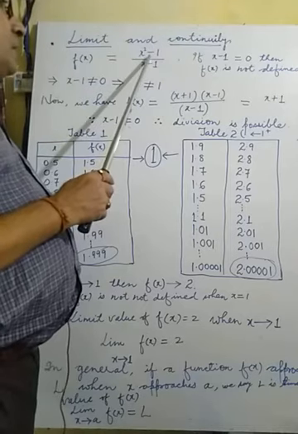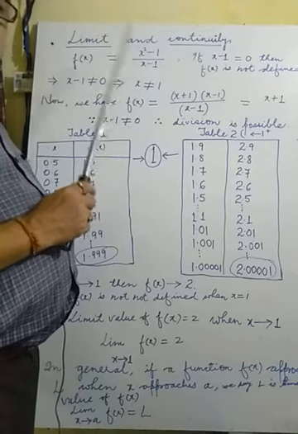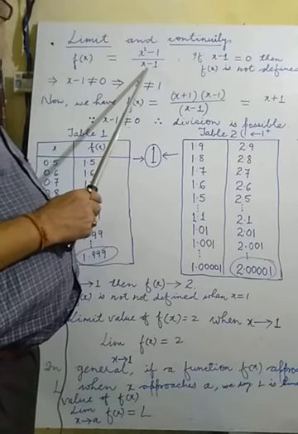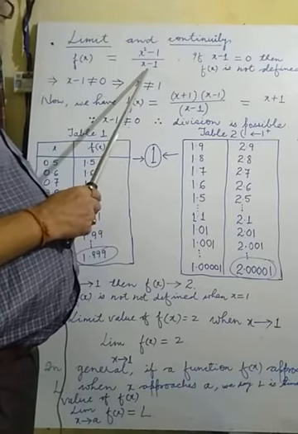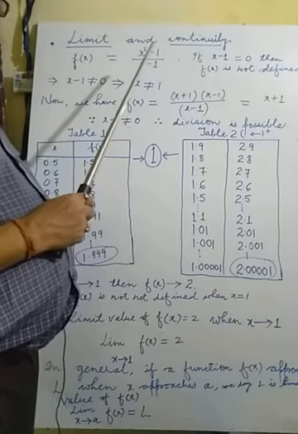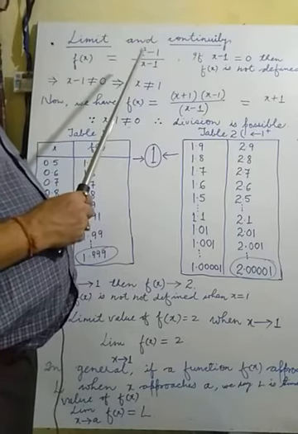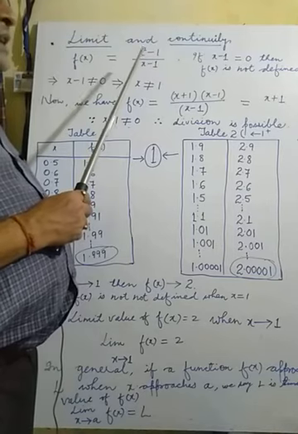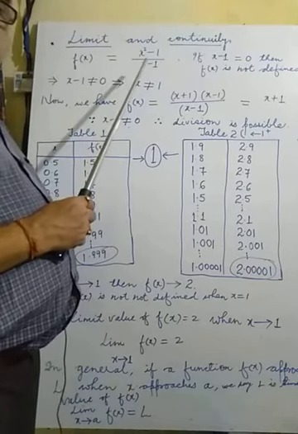Suppose a numerator and denominator are there, so certainly the value of the denominator must not be equal to 0. Anything upon 0 is what? That is infinity, and infinity is undefined. We cannot define it.